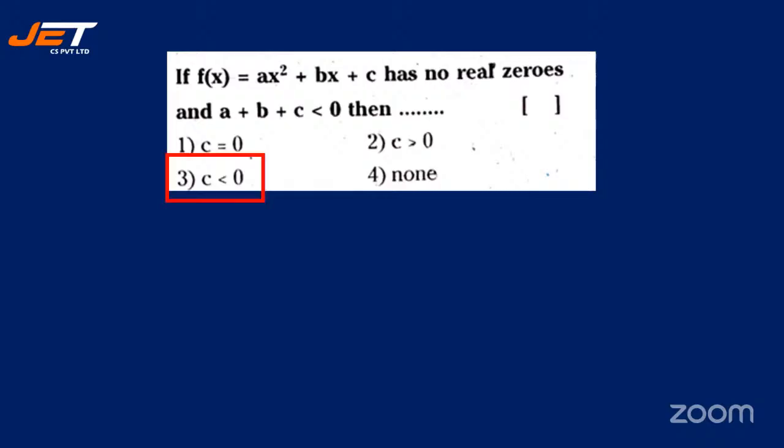All right, and it is c is less than 0. Okay, see the next question.